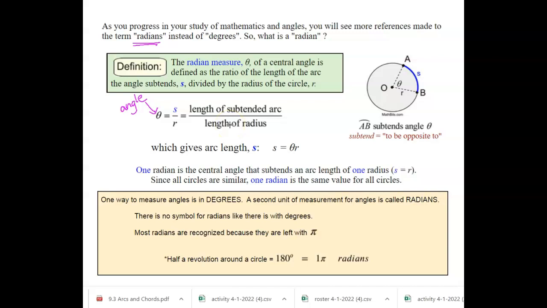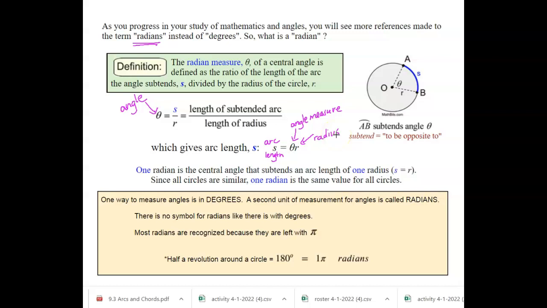So what we're going to end up with is our arc length is equal to the measure of the angle times the radius. Okay.